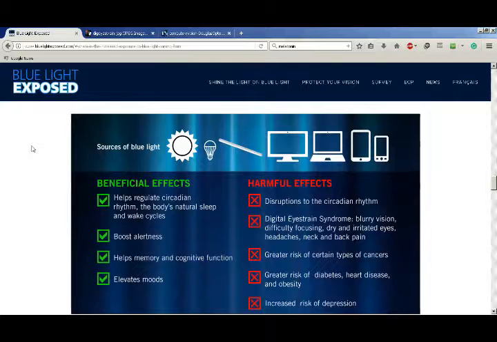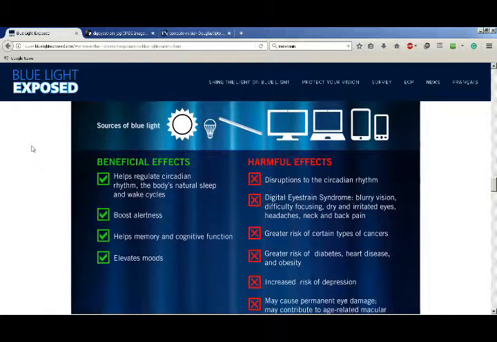It says sources of blue light: the sun, and you have your regular technology, your digital devices, LED bulbs, fluorescent light bulbs, flat screens, laptops, smartphones, tablets. So some of the beneficial effects of natural blue light that comes from the sun: it helps to regulate your circadian rhythm, the body's natural sleep and wake cycles.